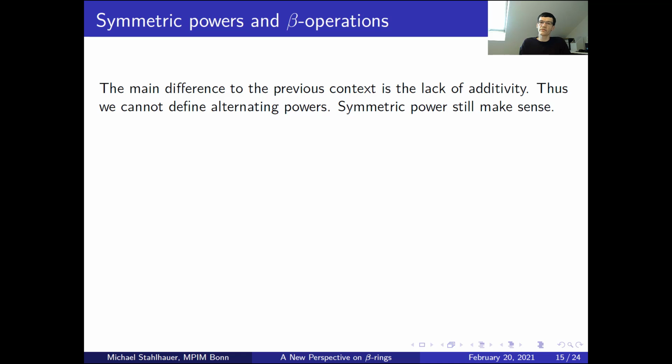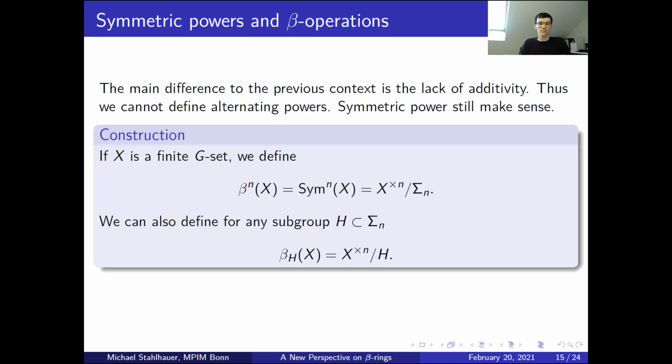But we can still define symmetric powers, because there we just took the sigma n action and set it to be the trivial action. So we take this approach and we define beta n of a finite G-set to be just the symmetric power of this G-set. So we take the nth Cartesian power and quotient out the sigma n action.